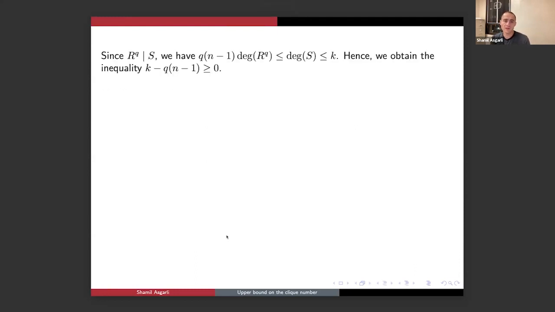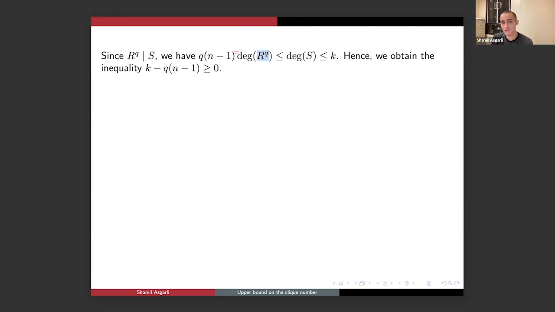But now we're going to do some inequalities. So since R to the Q divides S, we have, sorry, I'm just missing a small equality sign here. So this is equality right here. Remember the degree of R was n minus 1.